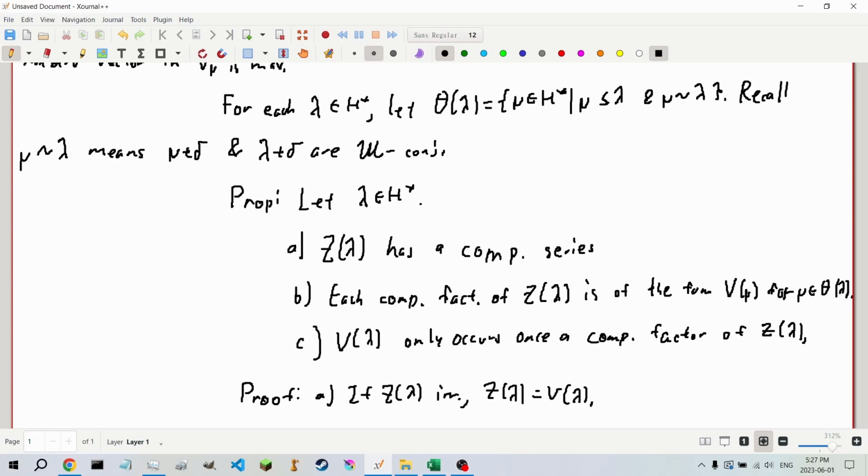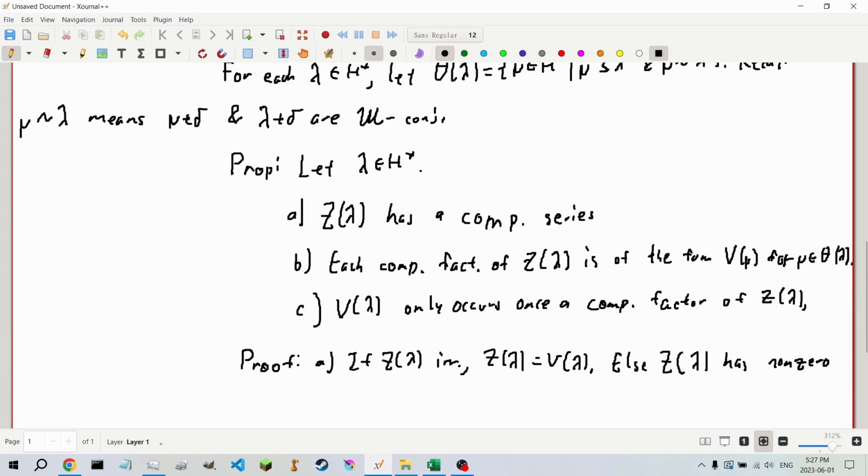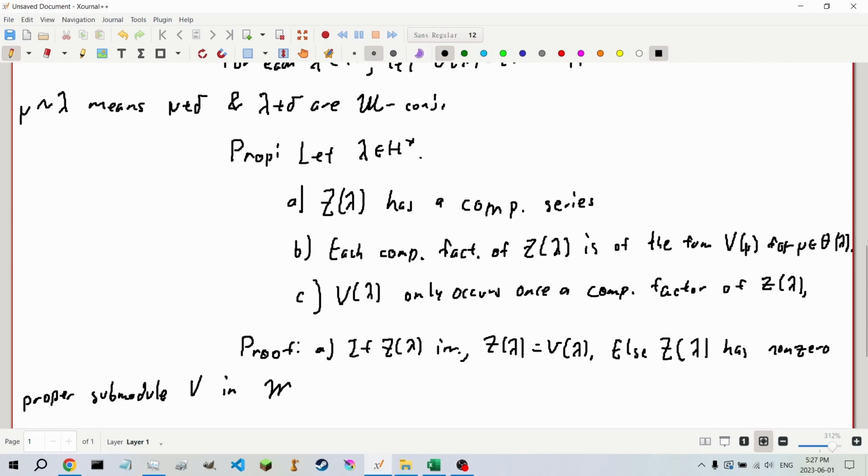If not, Z lambda has a non-zero proper submodule we're going to call V, which we know is going to lie in M of lambda.